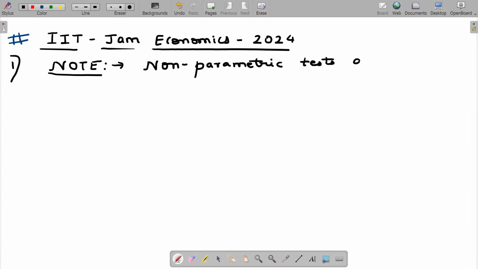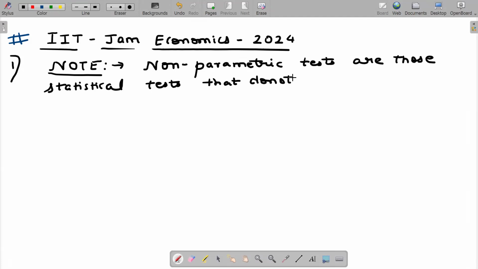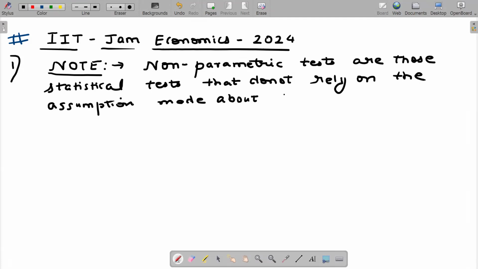tests are those statistical tests that do not rely on the assumptions made about the underlying distribution.